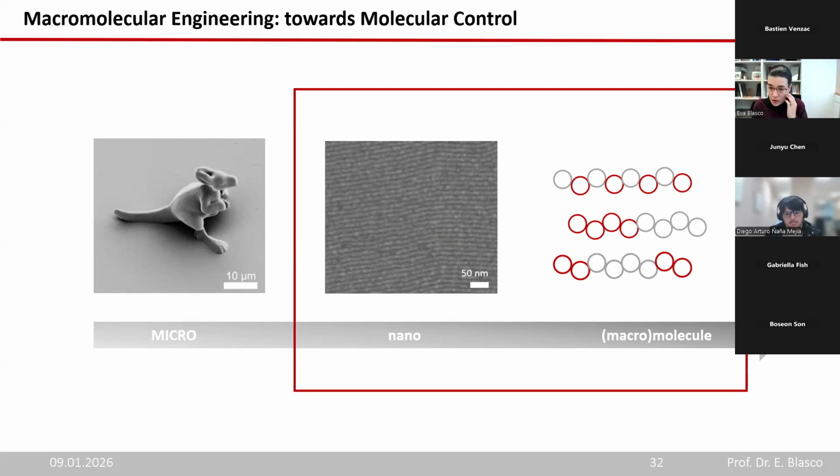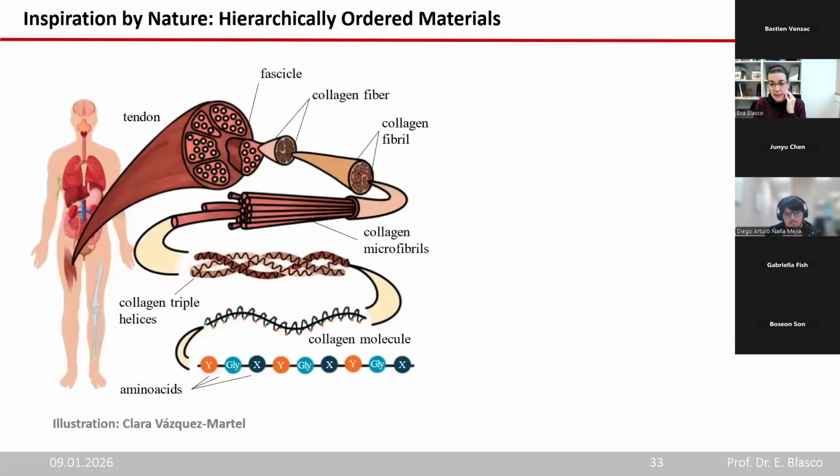So again, continuing with inspiration from nature, we started exploring other materials, and one example is collagen. You know, collagen is a very abundant protein in living systems that can form these collagen fibers. If we go a bit down with the structure, we go to the microfibrils.